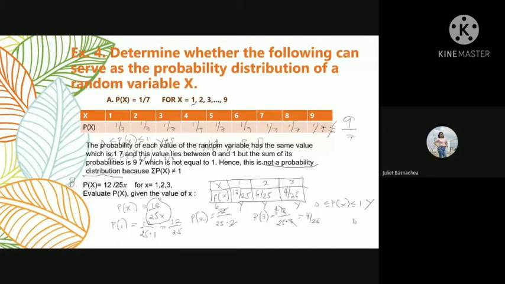Malalaman natin sa second condition. Ang second condition, dapat ang sum ng probabilities niya, summation of the probability of x ay dapat 1. So add natin. 12 over 25 plus 6 over 25 plus 4 over 25. 12 plus 6, 18, plus 4, 22 over 25. It's not equal to 1.